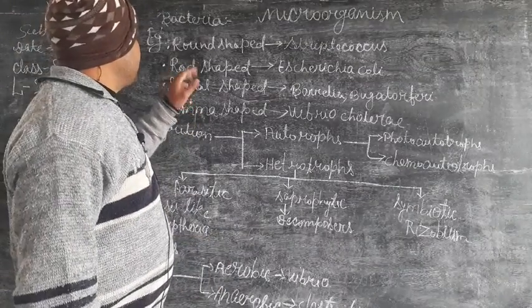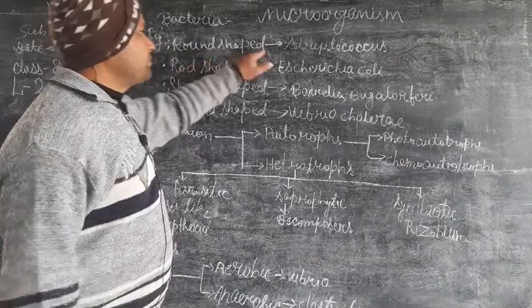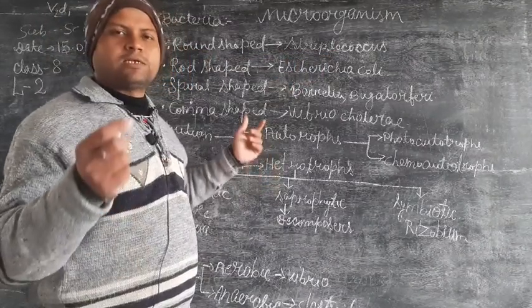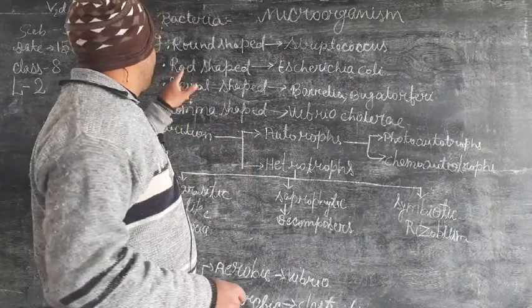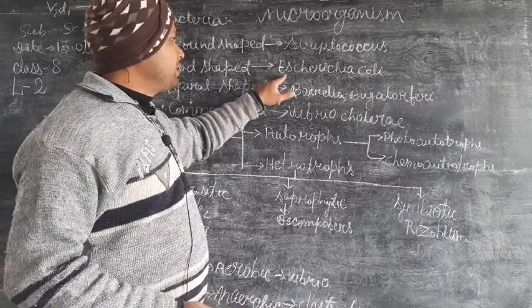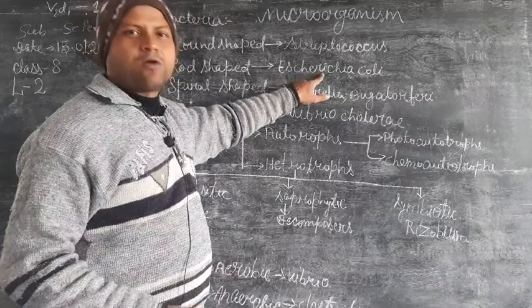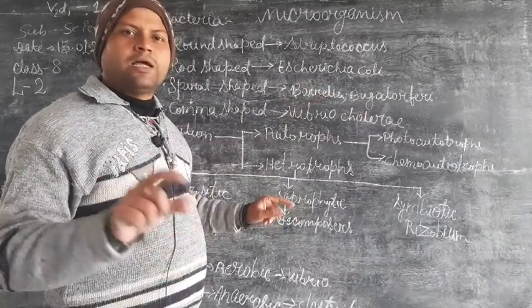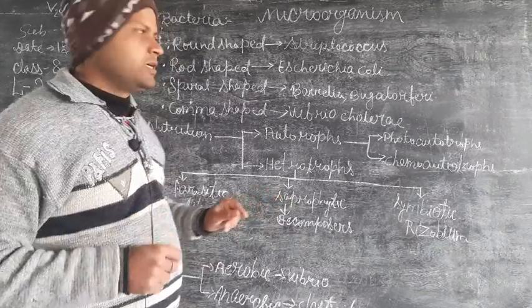So look here, first, round shaped bacteria: it is Streptococcus. It is a type of cocci. That of rod shaped bacteria, for example Escherichia coli, is very useful. It produces B complex and is very useful for our bodies.